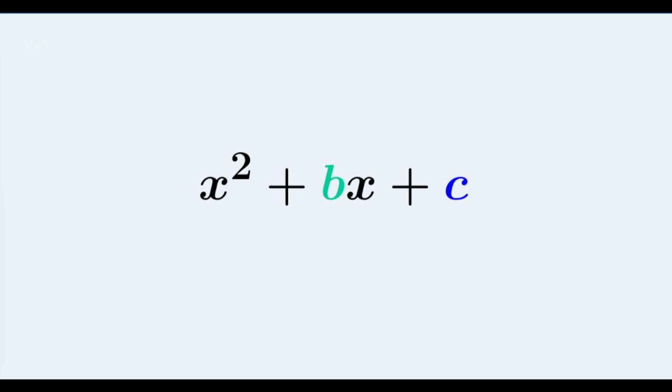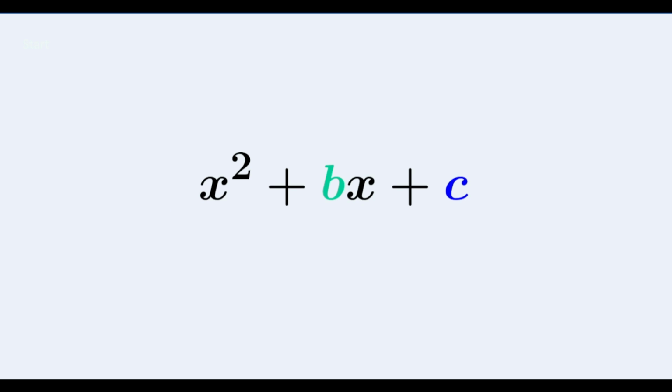Now, the easy ones don't have any number in front of x squared. Technically, there's like a secret one that we're multiplying over there. So this easy method will only work if there's not a number in front of there.